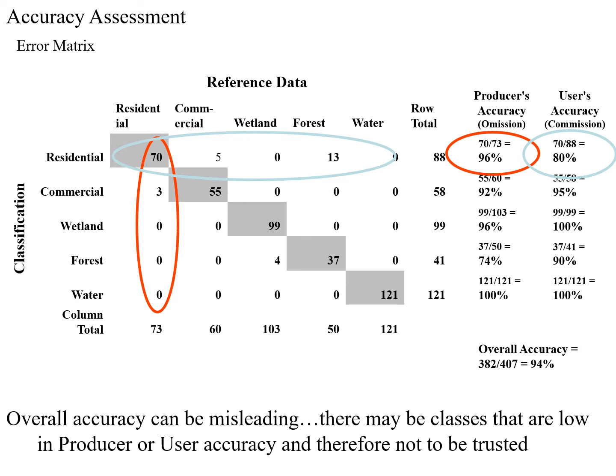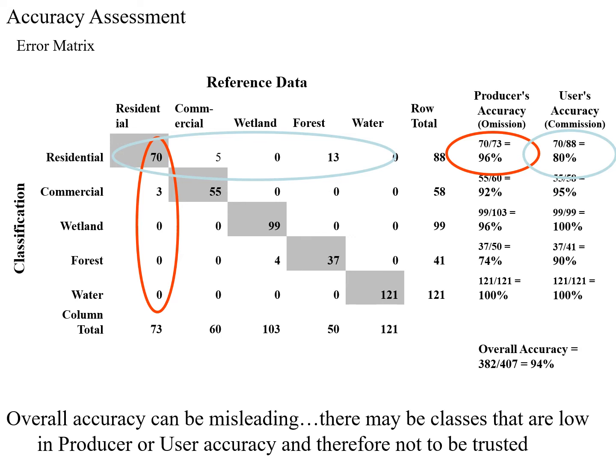On the other hand, the user's accuracy for that particular class is 90%. So there are two things to know here. One of which is accuracy assessment is incredibly important.